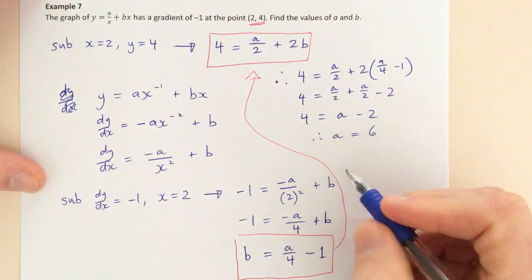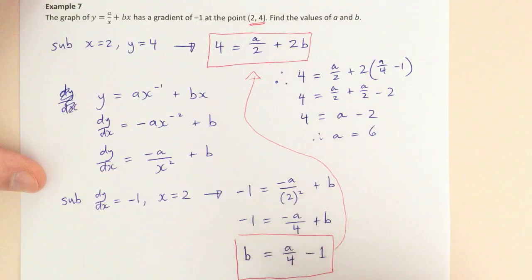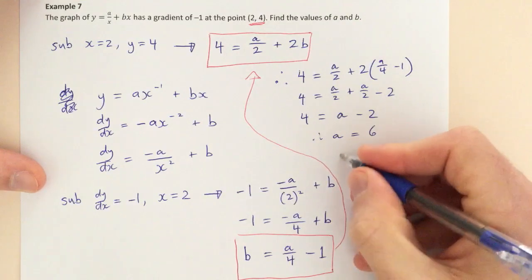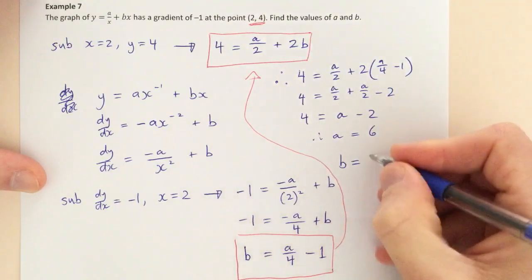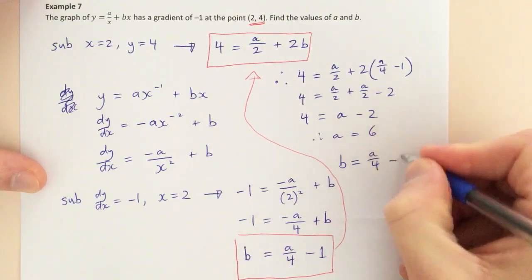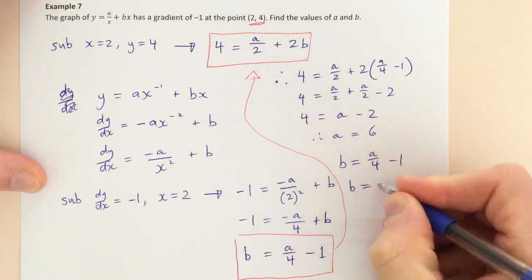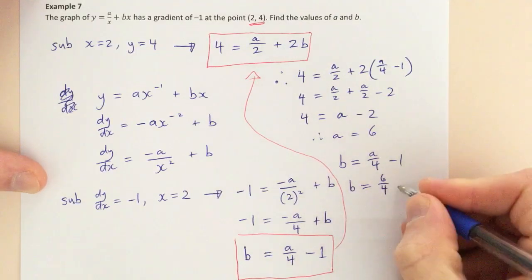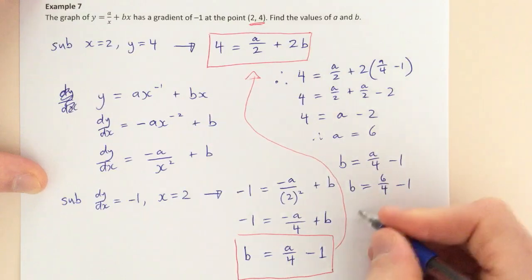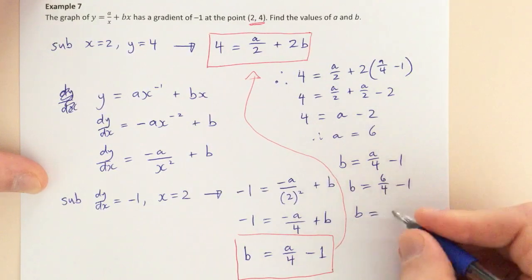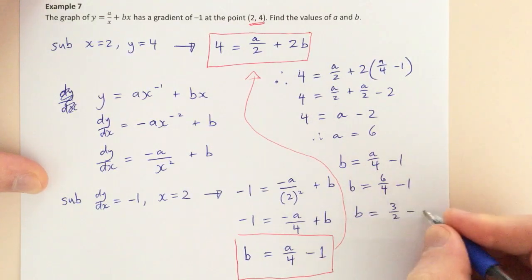And once we have the value of a, we can then substitute back into this second equation here to find the value of b. So we know that b was equal to a over 4 minus 1, which is now 6 over 4 minus 1, because we know that a equals 6. So what have we got? 3 over 2 minus 1, which is 2 over 2.